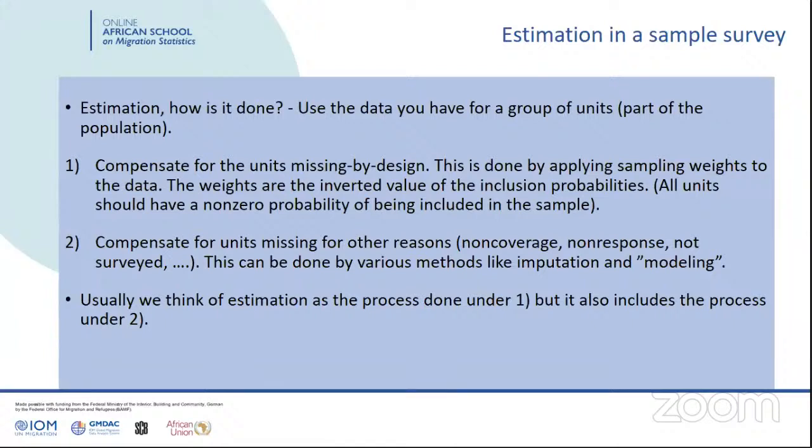There are many names for these methods to compensate for missing units. So usually we think of estimation of the process under one here, but it always involves the process also under the second.